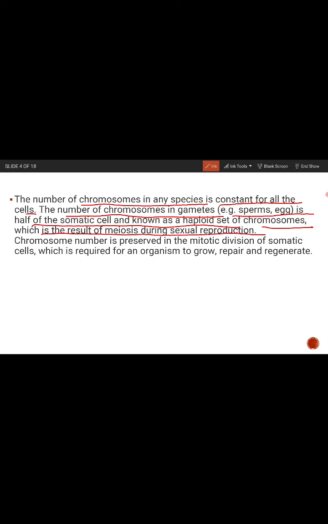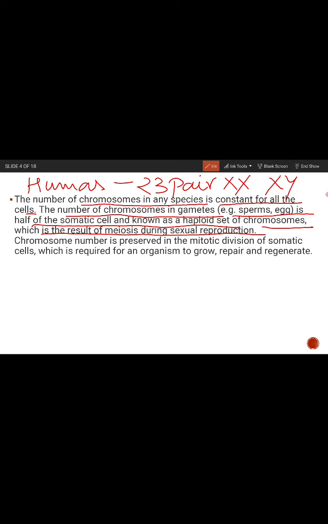So it's saying that every species of organism has a fixed number of chromosomes. Like humans have 23 pairs of chromosomes, of which one pair is the sex chromosomes, which is either XX or XY in females and males.